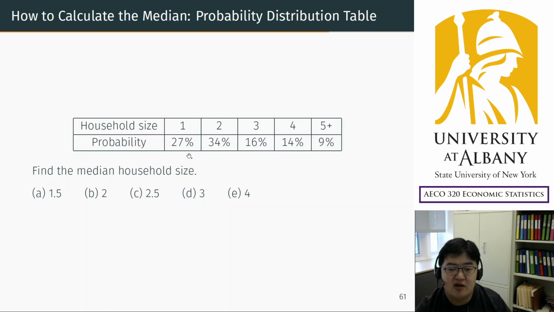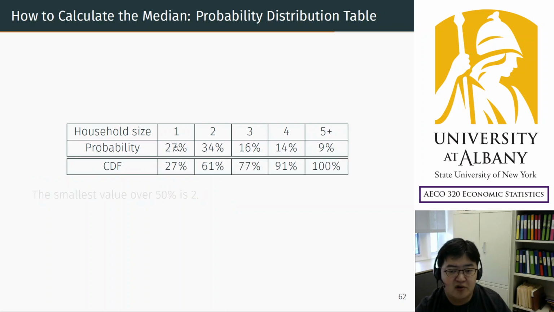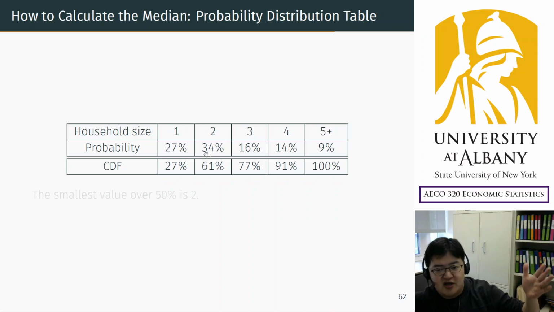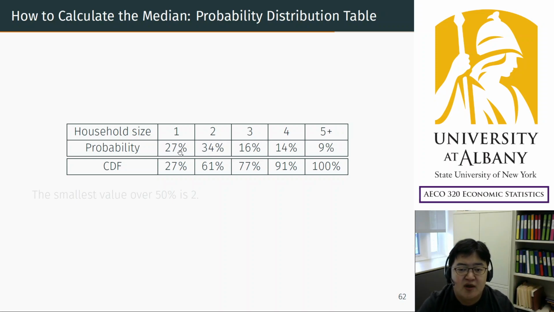Cumulative probability is straightforward: just keep adding up from the smallest outcome, sequentially adding the probability. What we are looking for is greater than 50%, which is already achieved at the second step. Number 2 is over 50%, so that is the median, according to our definition.